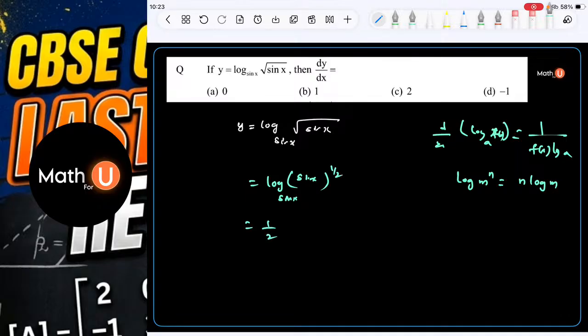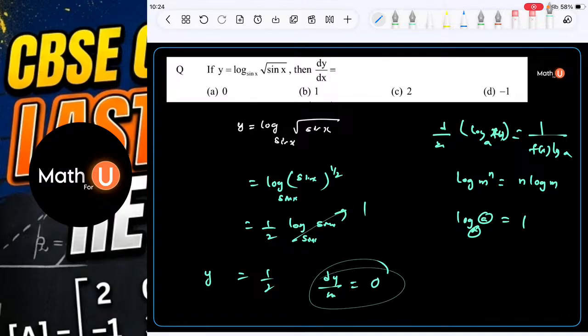Take 1 by 2 down. It can be written as 1 by 2 log sin x of sin x. We know that when the base and argument are the same, the value is equal to 1, so y equals 1 by 2, and dy by dx equals 0. A is the correct answer.